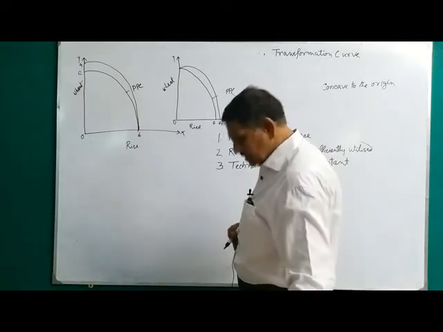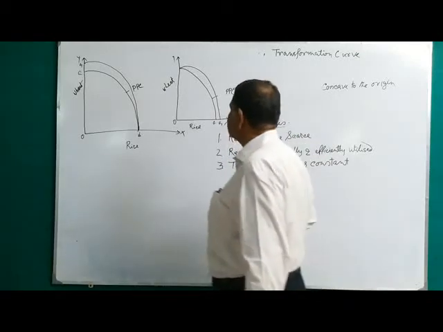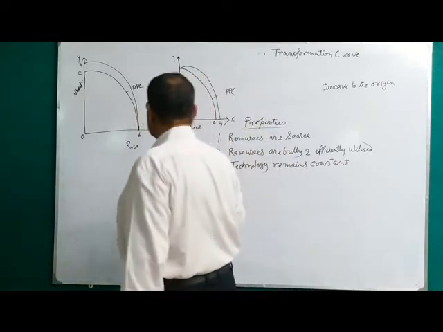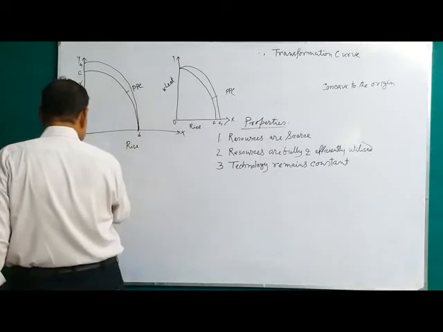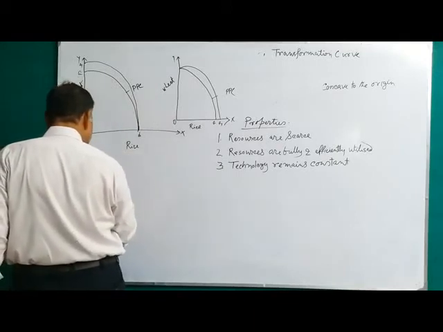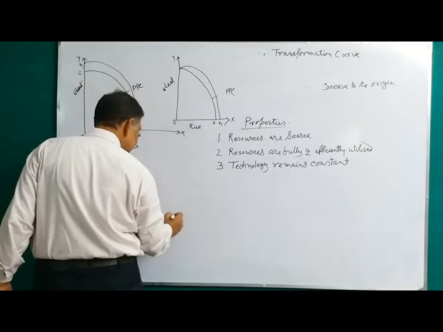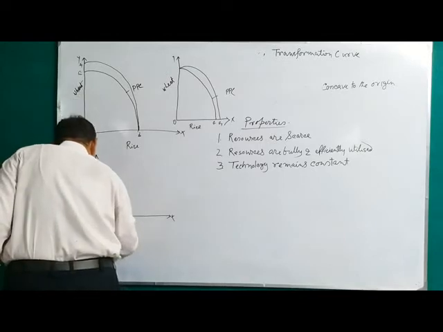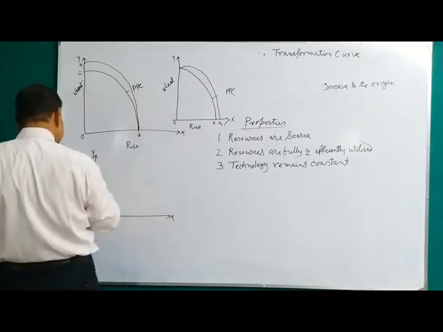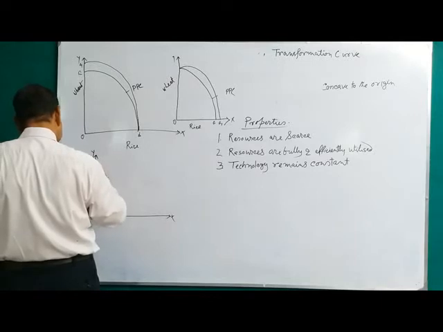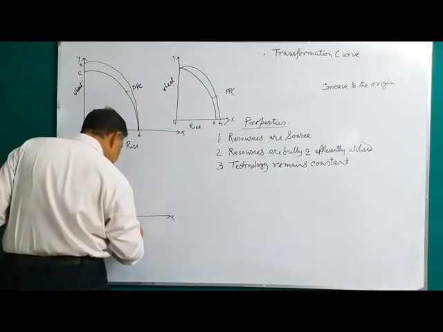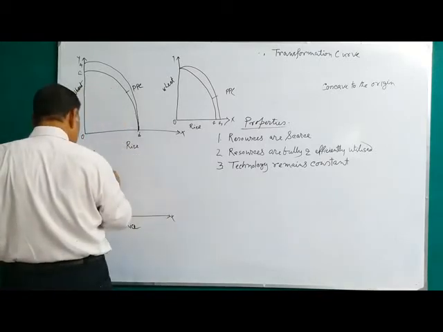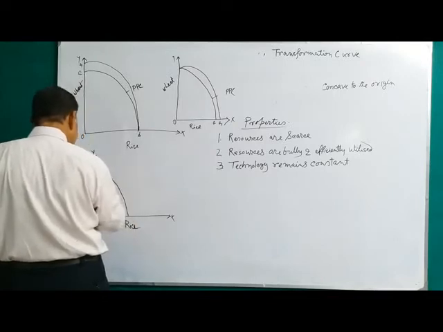Right? So will the production possibility curve shift rightward or leftward? Yes, it may shift rightward or leftward. Suppose this is the original PPC curve, AB.